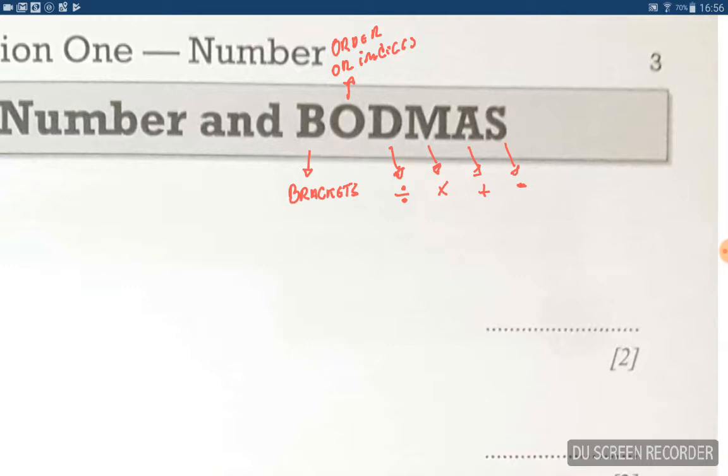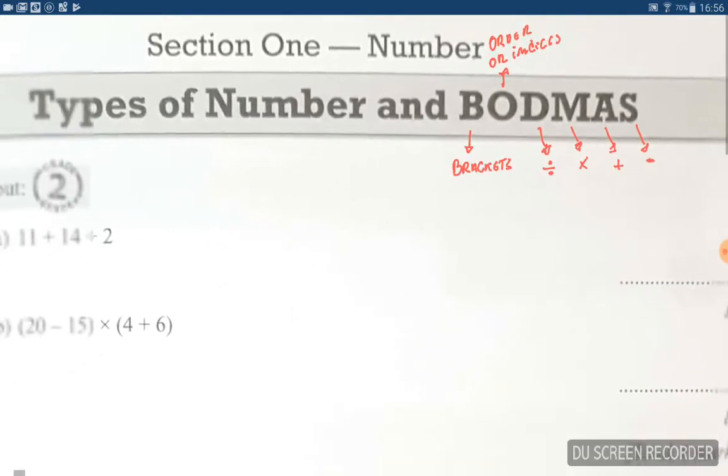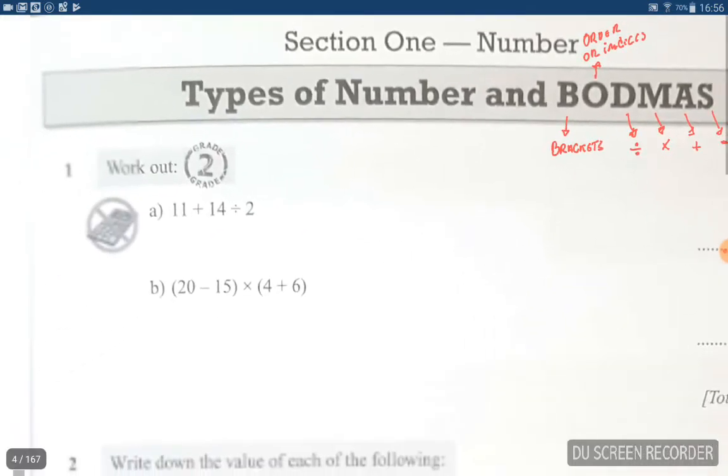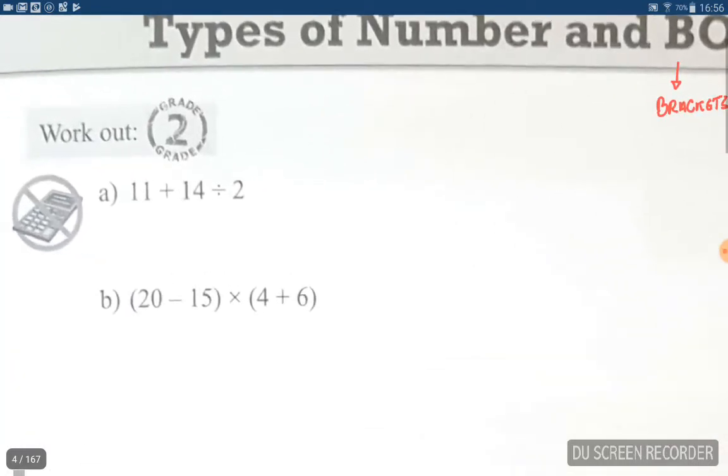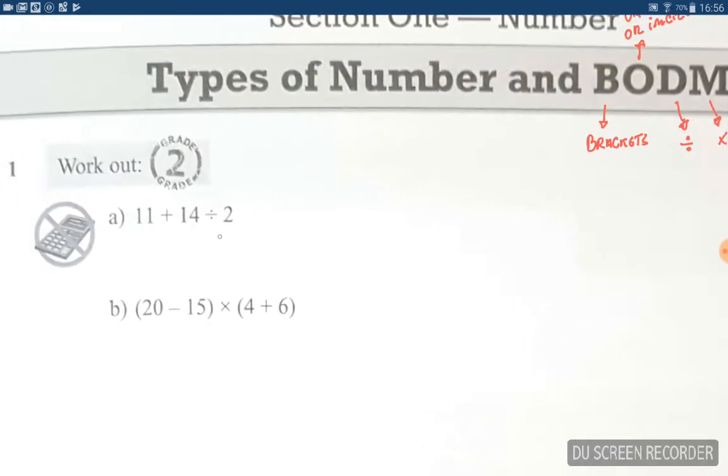So let's go over some exercises where we might be able to apply that. Okay, so this first one, we have 11 plus 14 divided by 2. Using the BODMAS, we know that the division has priority over the addition.